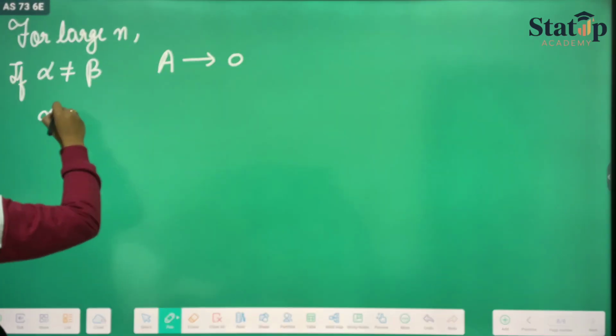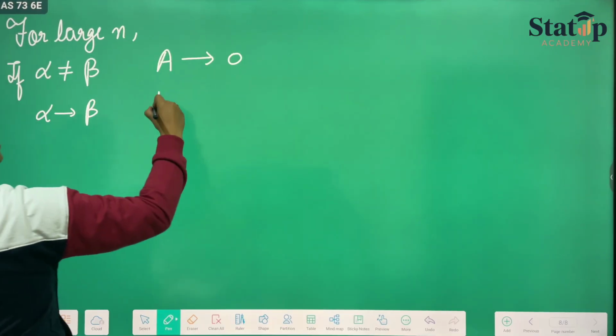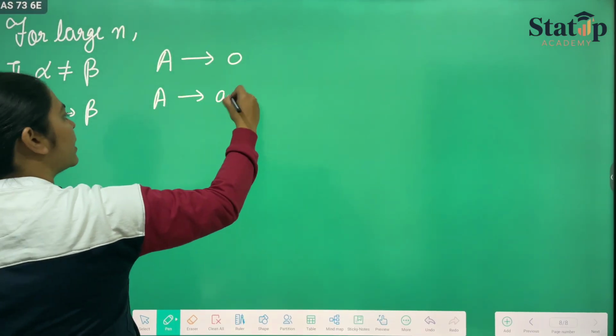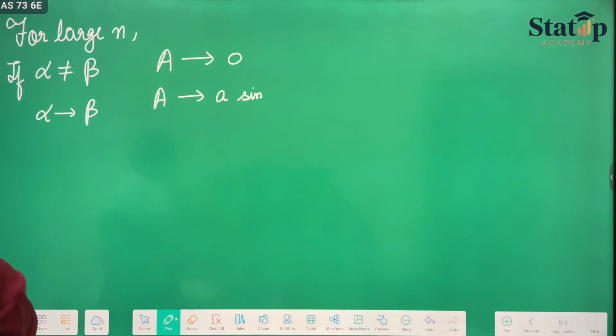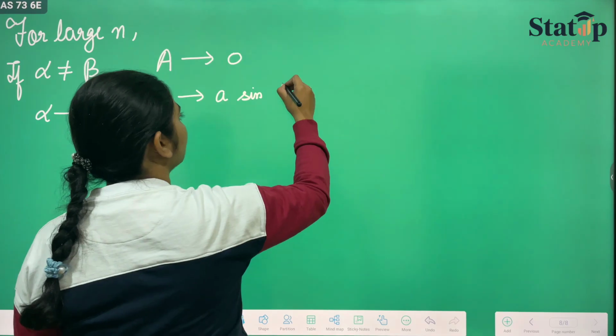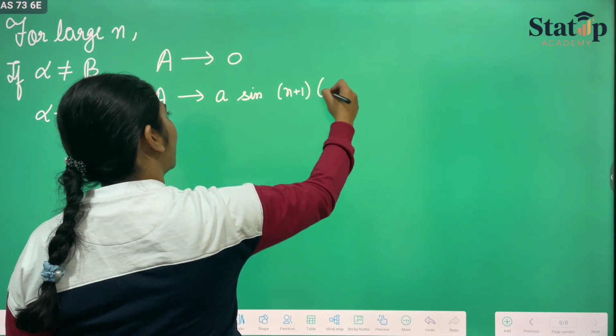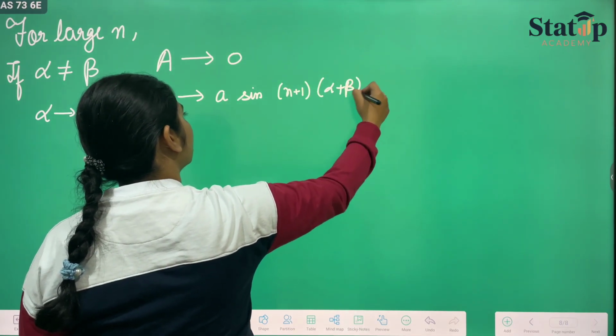And if alpha reaches beta, then A goes to A sine (n plus 1)(alpha plus beta)/2.